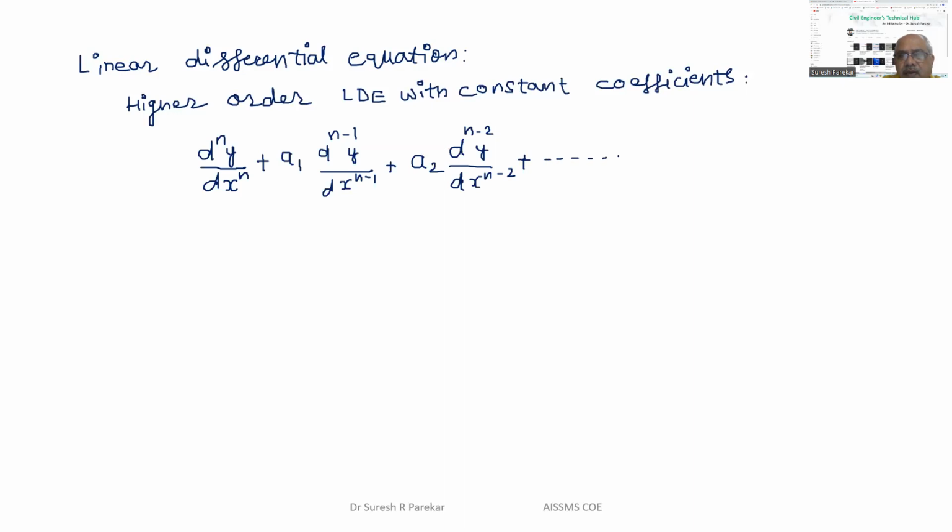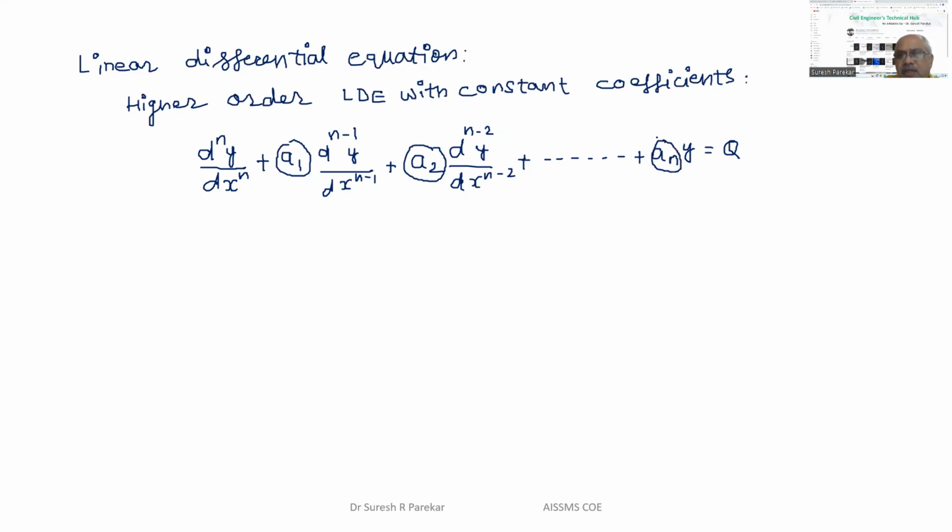Likewise, we can go plus we have an y, and that we are going to say d to the power 0, we are reducing, which is 1. We have that y, which is equal to q. So this is higher order linear differential equation with constant coefficient, means a1, a2, these are constants.